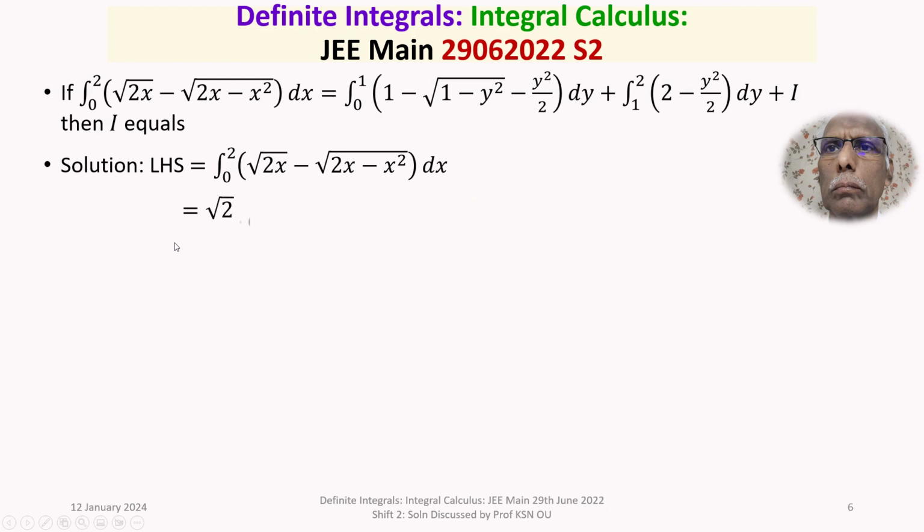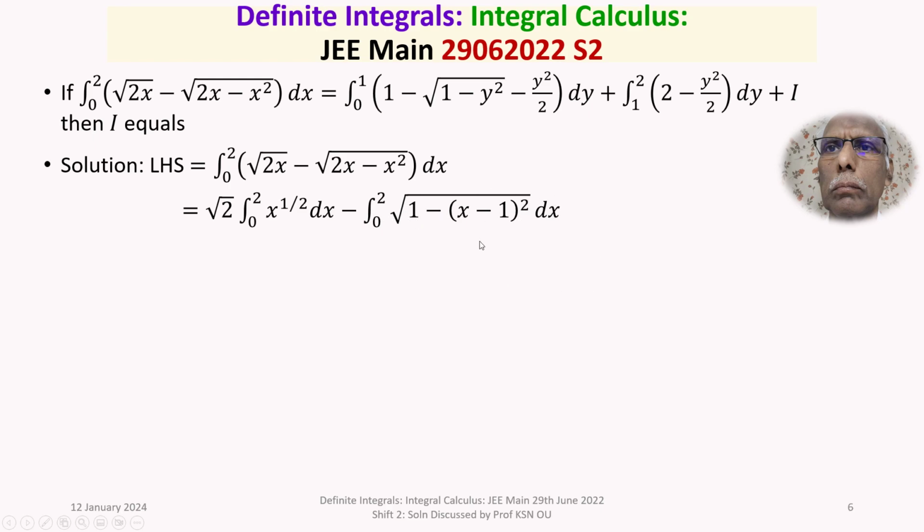We separate them: root 2 times the integral from 0 to 2 of x to the power of 1 by 2 dx, minus the integral from 0 to 2 of the square root of 2x minus x square, which we write as 1 minus (x minus 1) whole square, under the square root.